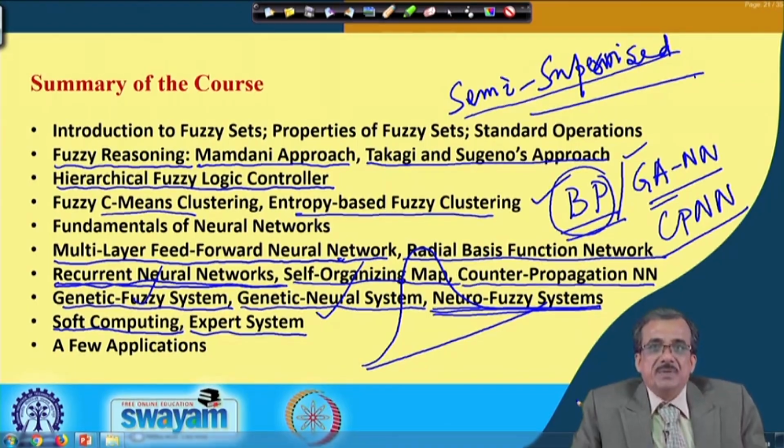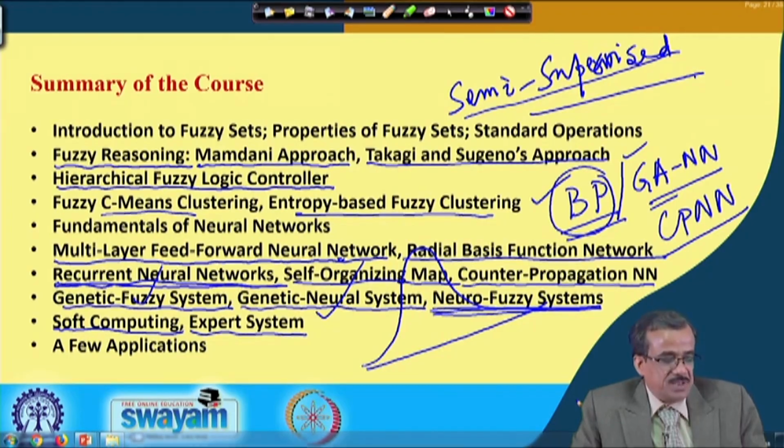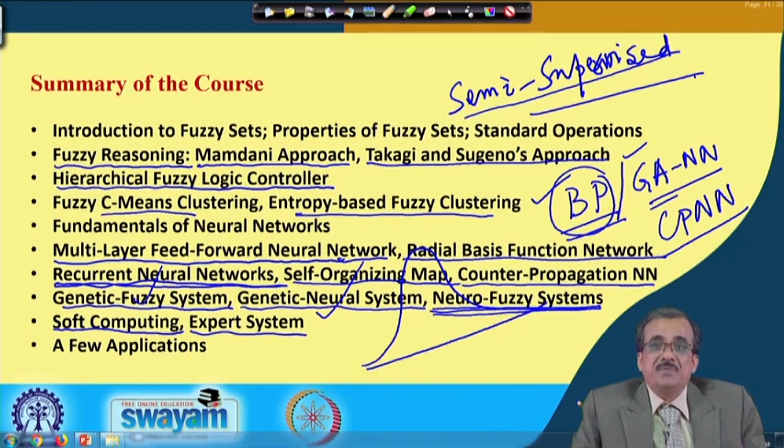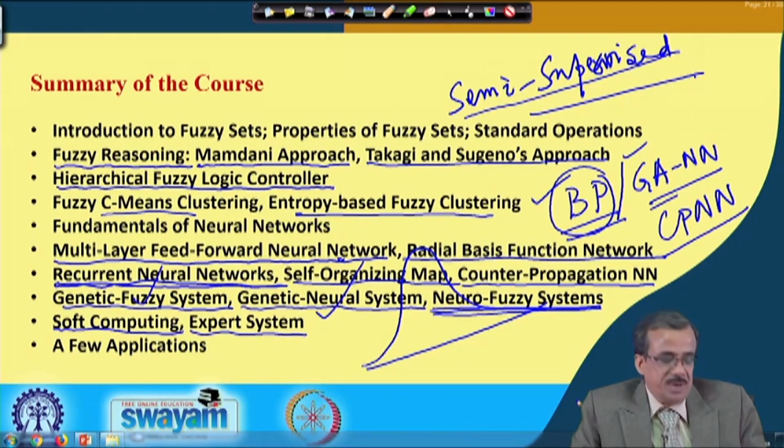As I mentioned, a huge literature is available on the applications of fuzzy logic and neural networks, not only in general science, but also in different fields of engineering science and commerce. There are so many such applications.